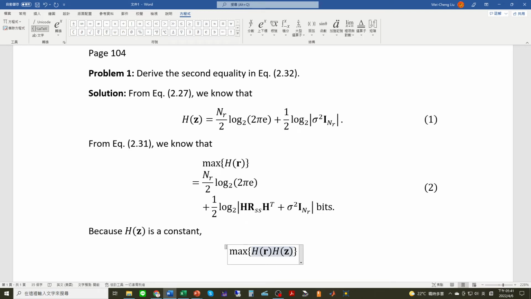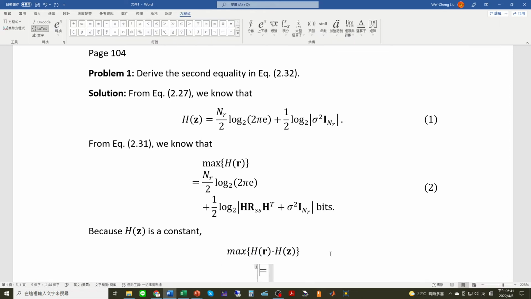So I need a minus sign here. How can I have a minus sign here? Sorry, this is actually the heaven, not the minus sign.